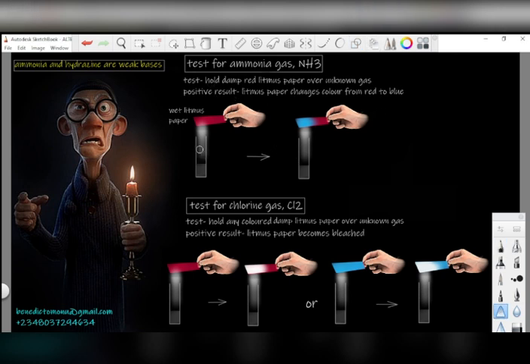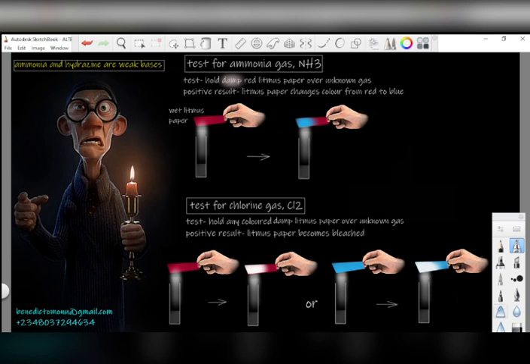Now to test if a gas is ammonia, all you need to do is to hold a damp red litmus paper. The key word here is that the litmus paper must be damp. Whenever you are carrying out a reaction and you're testing for gas using a litmus paper, that litmus paper must be dampened or must be moistened.